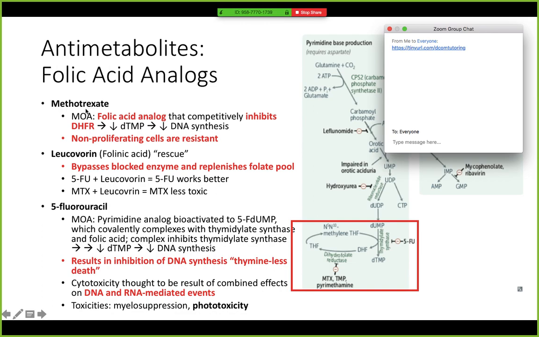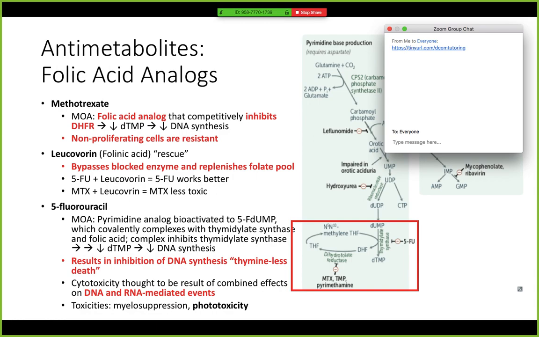Anytime a patient is experiencing methotrexate toxicity, you can give them what's known as leucovorin, so they call it a leucovorin rescue, but what it actually is is folinic acid. It's going to bypass the blocked enzyme, this step here, and replenish the folate pool.